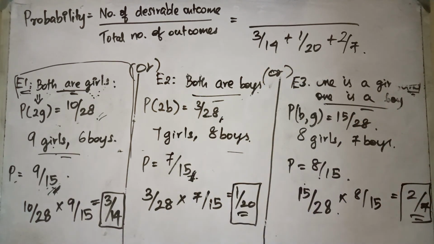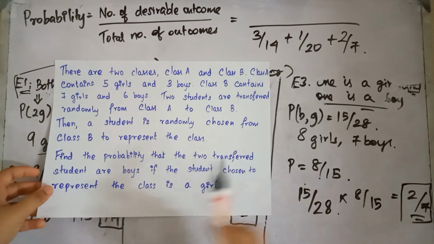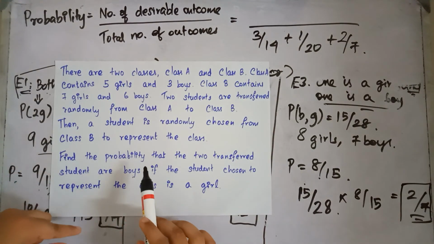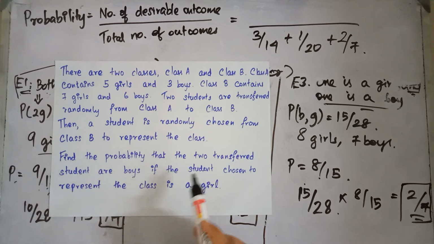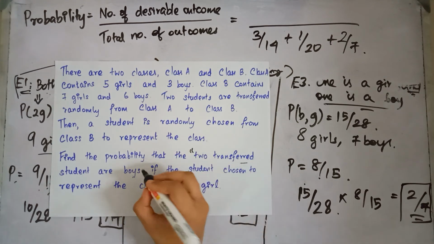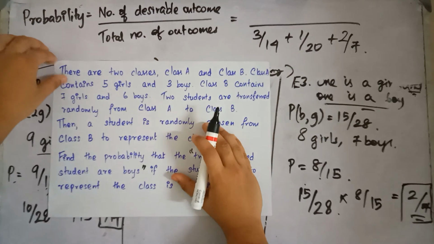Now let's look at the desirable outcome. What is the desirable outcome? The keyword is probability. Whatever comes after "probability", find the probability that, this will be the desired outcome. And that is, the two transferred students are boys. This is the condition, and this is the desirable outcome. Two transferred students are boys.